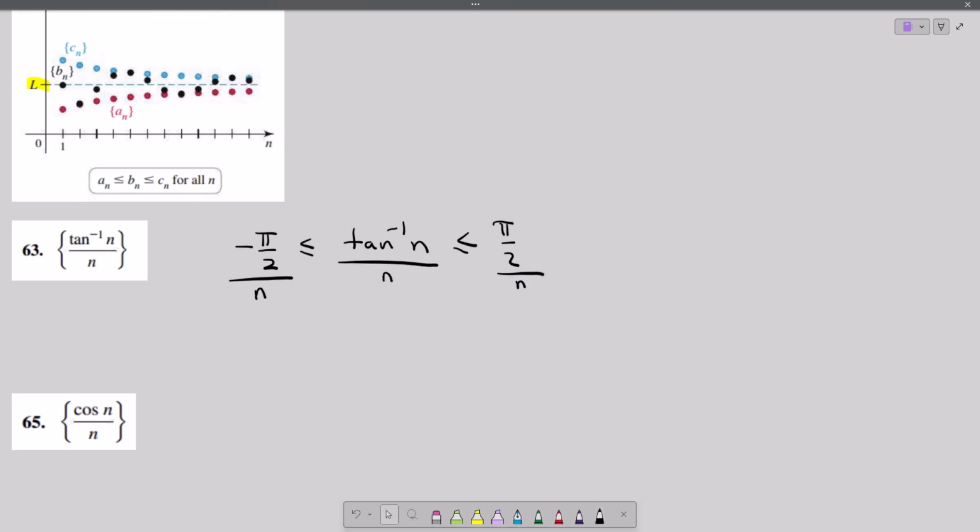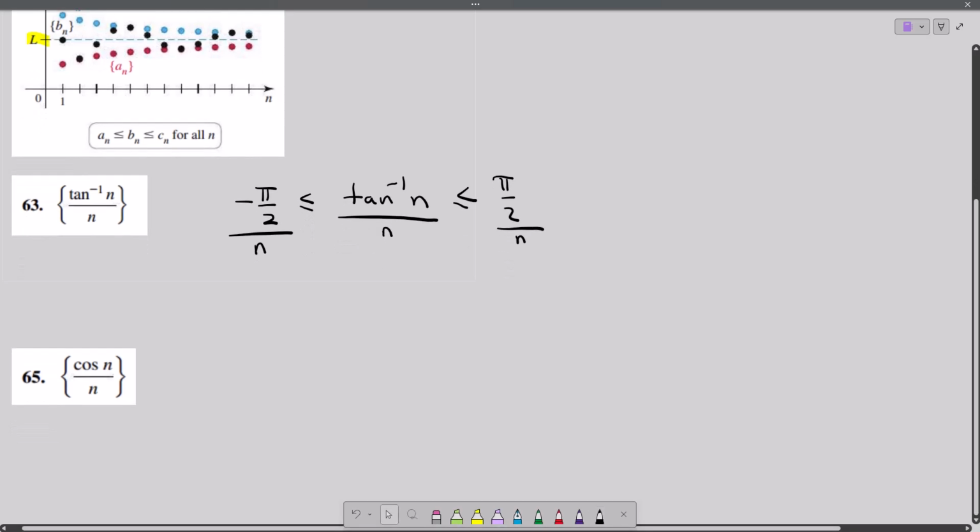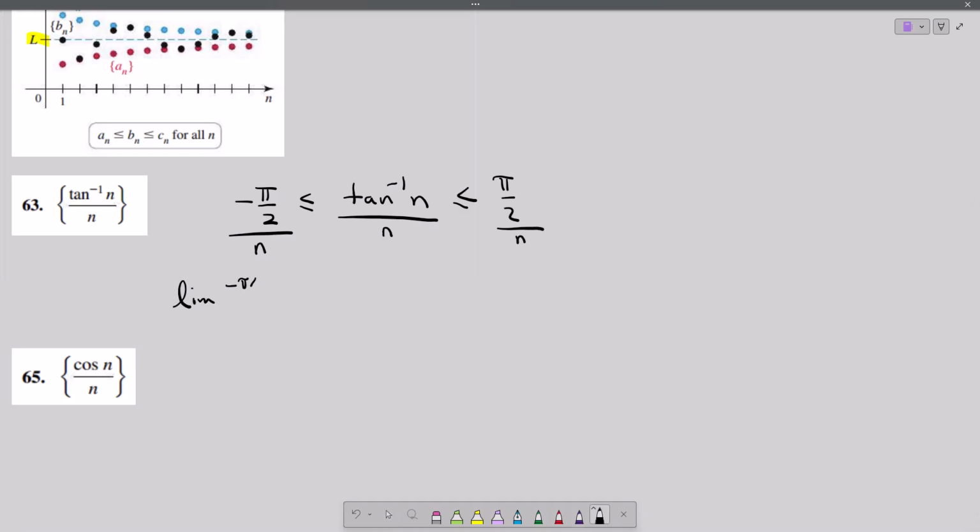Now we can take the limit across the board. We can take the limit on the left, negative pi over 2 divided by n, as n goes to infinity. We can take the limit in the middle as n goes to infinity. This is the one we're trying to calculate. And then we take the limit of the right-hand side.